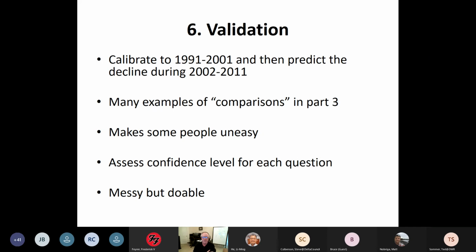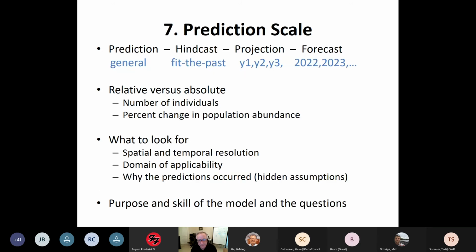Well, we're going to calibrate to a relatively stable period and then try to predict what happens after that when the population declined. If you stick around for part 3, you'll see a whole bunch of comparisons that we do for simulations that are in those papers. This kind of validation makes some people uneasy because you really have to look at what confidence you have each time you ask a new question. So it's messy, but it is quite doable.